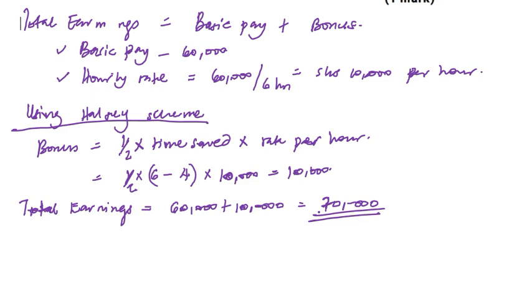Now let us look at the Rowan system. This was Halsey. Let us see what happens if we use the Rowan scheme. What will be the bonus?